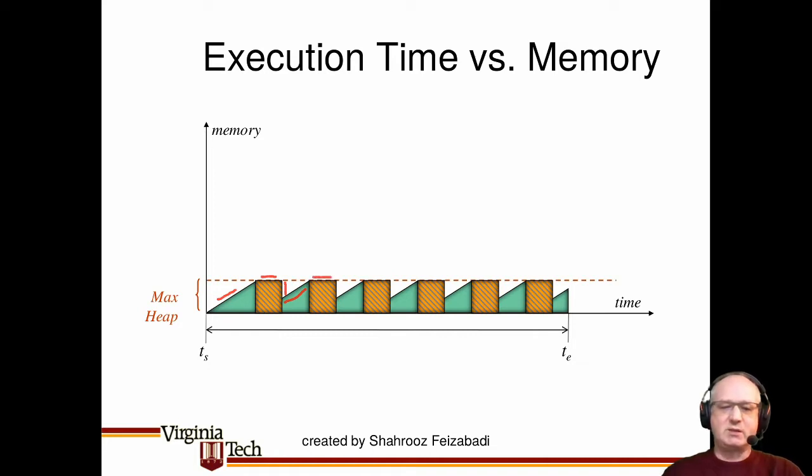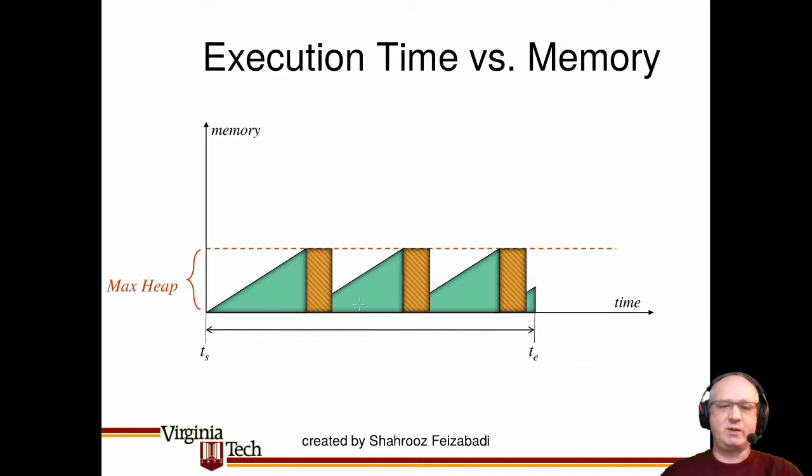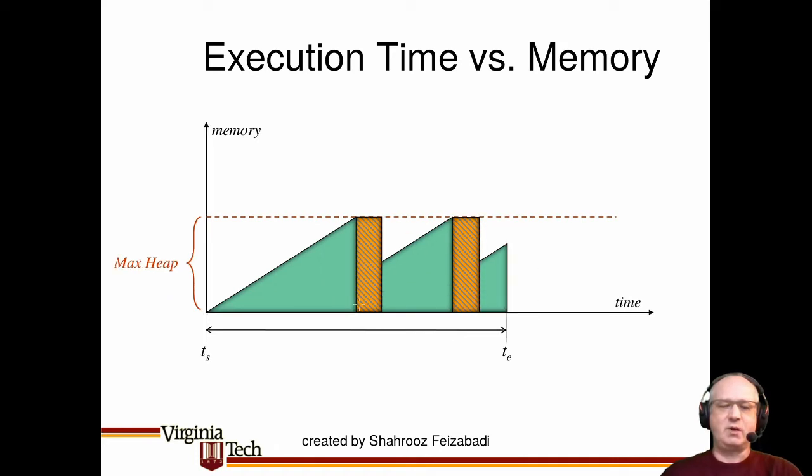Now let's look at what would happen if we increase the heap limit. If we did that, we would have to garbage collect less often, right? If we increase it even more, even less often, and we see that the overall execution time of our program would decrease.